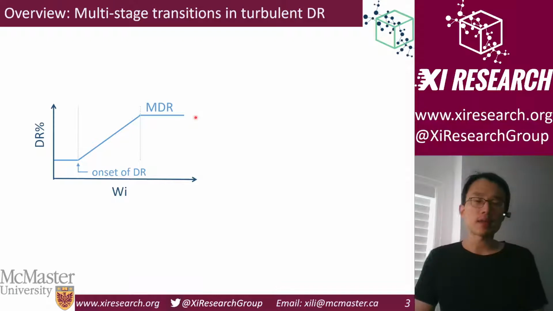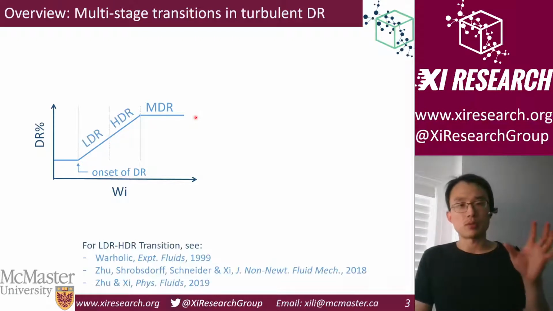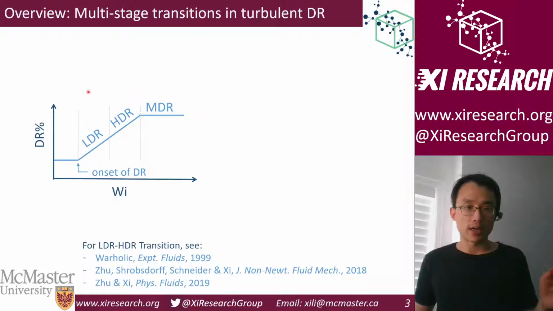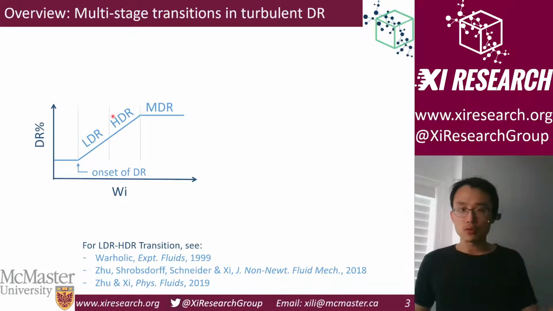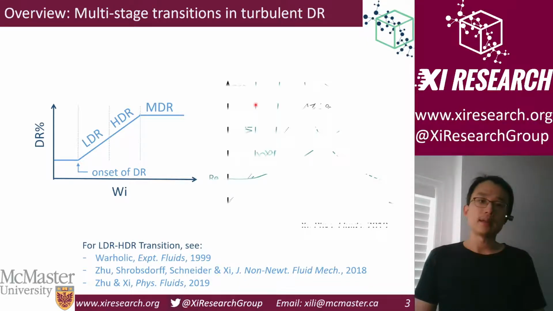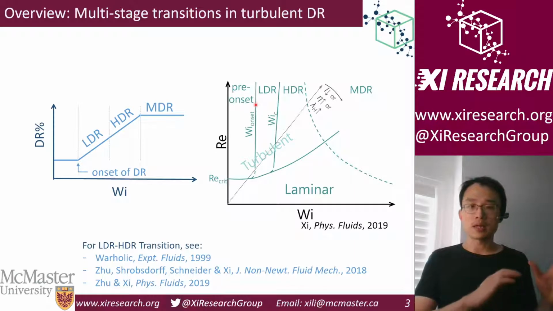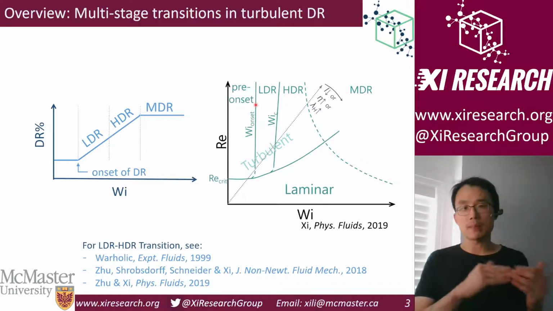And before you hit this MDR limit, there are also transitions between two stages: low extent of drag reduction, LDR, and high extent of drag reduction, HDR. I'm not going to go into details here for LDR, HDR. You can go to a number of previous references here. And this is what we typically do in simulation, in which we fix a Reynolds number and we increase Weissenberg number.